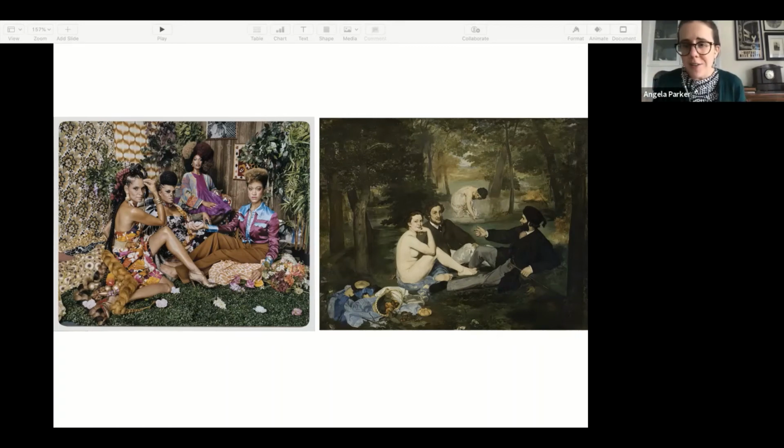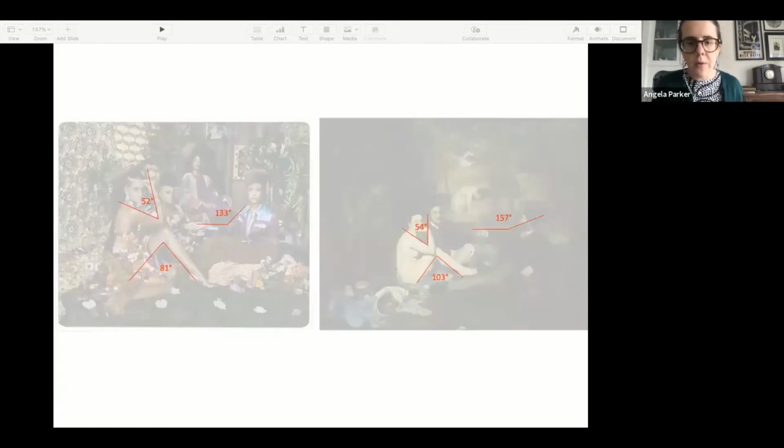And so how can angles help in this conversation? One of the things that really brought out was some of the more subtle ways that Micheline Thomas was transforming Manet's work, specifically in the small changes to the gestures and poses of each of the figures. I want to focus in on the two figures who are in the front of each of the groupings.